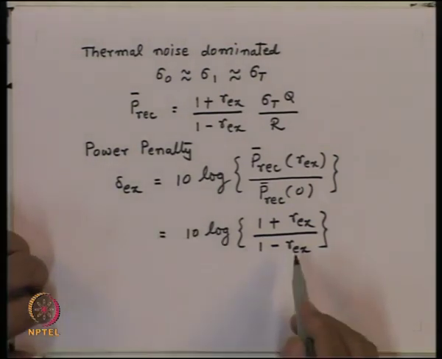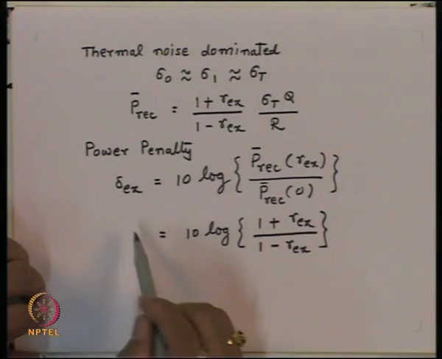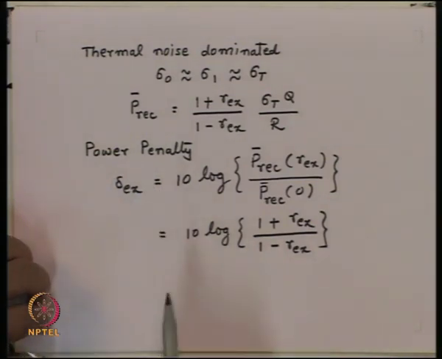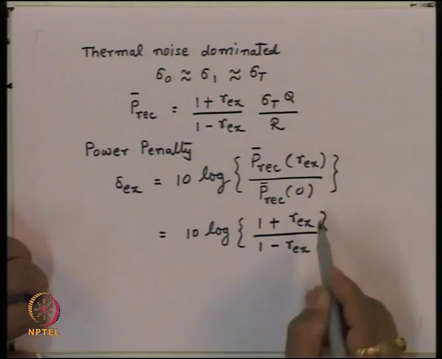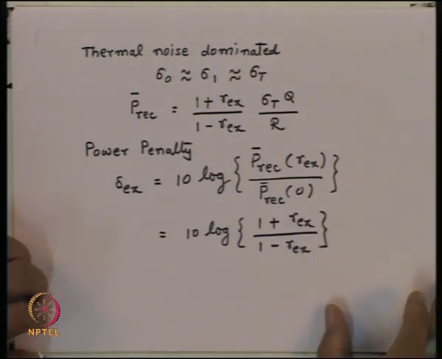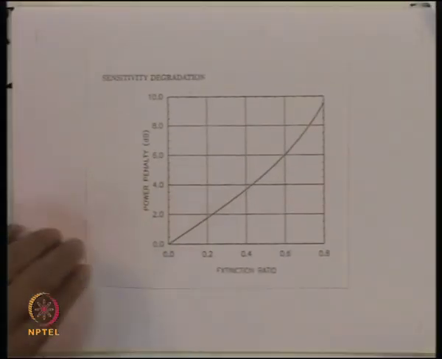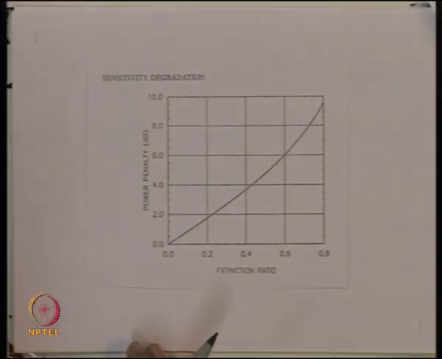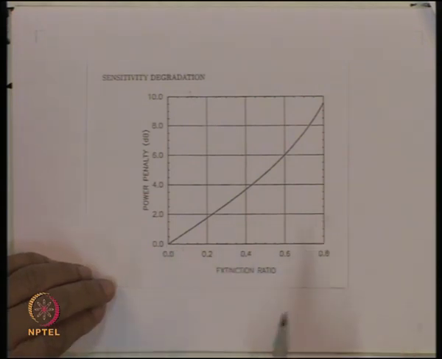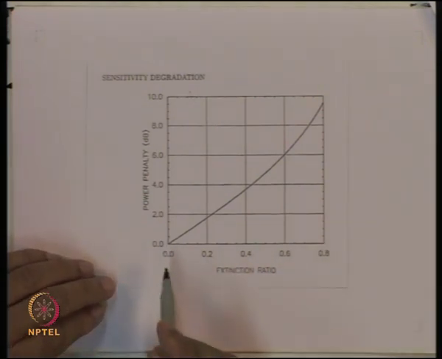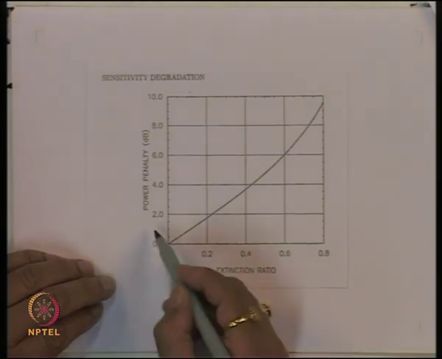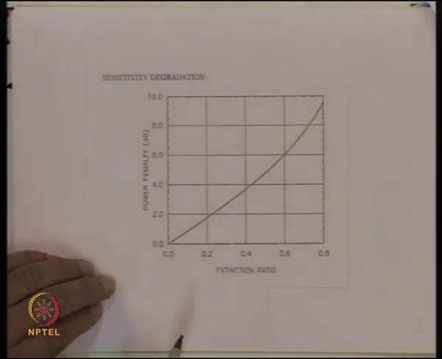So, one can essentially plot this function of the power penalty as a function of the extinction ratio. If you plot this, typically the plot will look like that. Here we have plotted the extinction ratio starting from 0, that is the ideal receiver, to going up to 0.8, and this is the corresponding power penalty in dB.